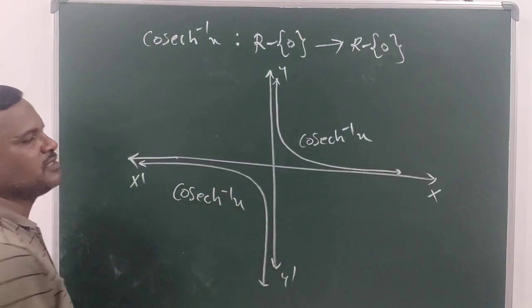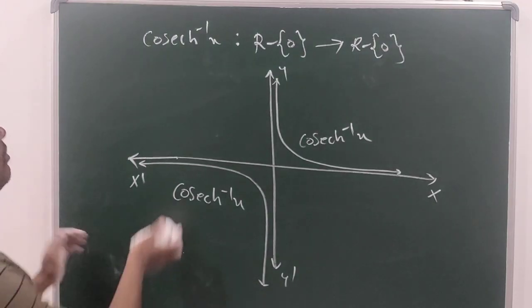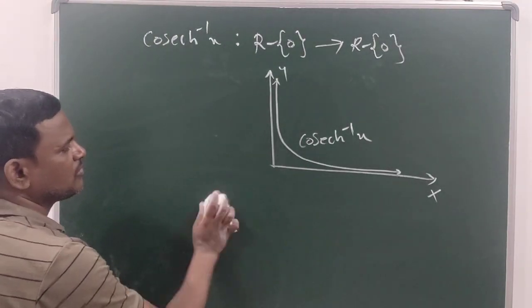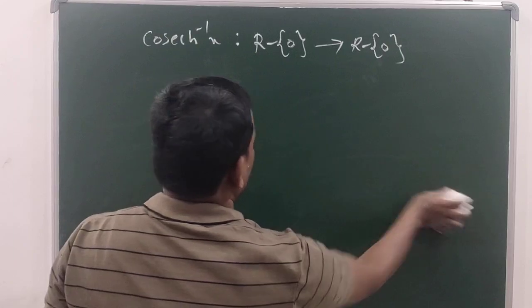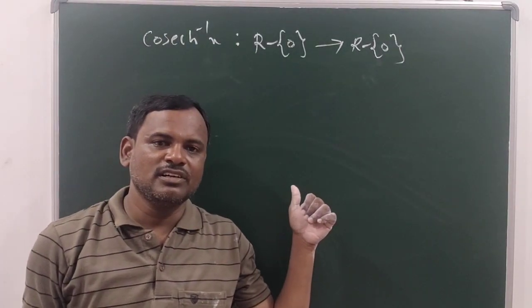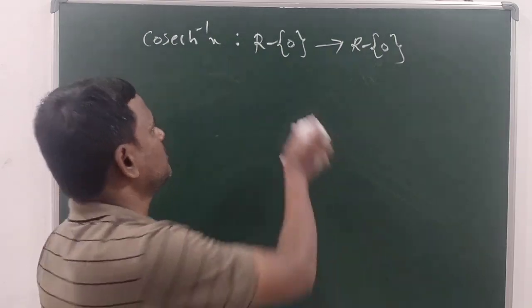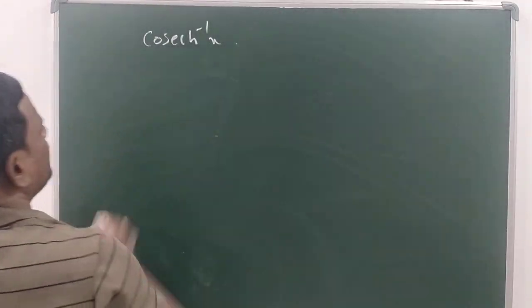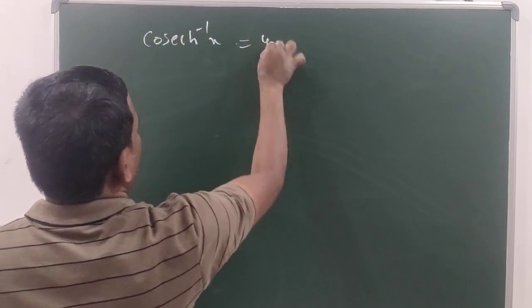Now let us define this cosech inverse of x in terms of logs. For that, what do you need to do? Let this be equal to y.